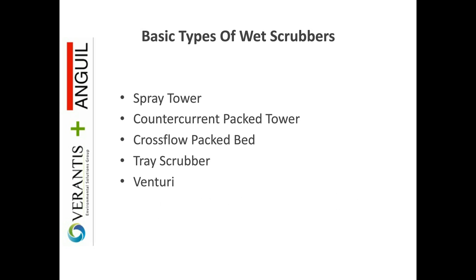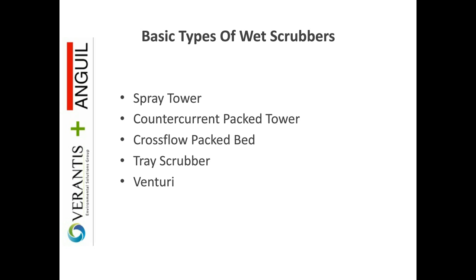So the basic types, in addition to, we didn't list here anything in depth with electrostatic technologies, which also exist, or hybrid technologies, but spray towers, countercurrent PAC towers, packed beds in a crossflow configuration, tray towers, and venturis are fairly ubiquitous.